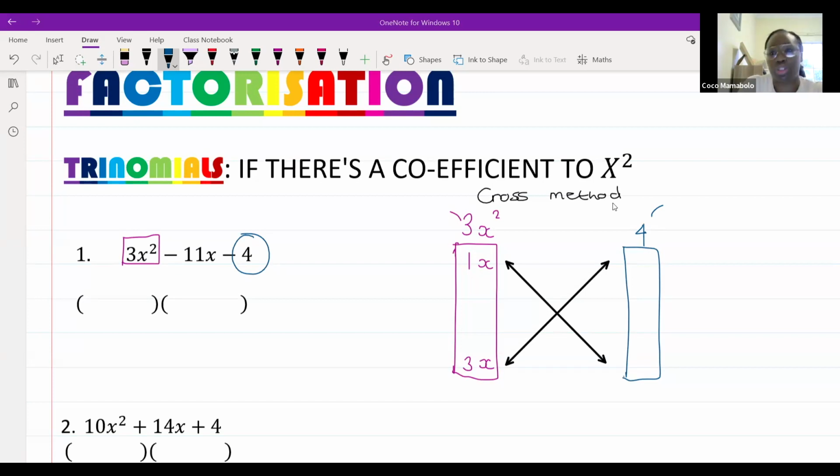Good. Omi says 2 and 2. I agree. 2 times 2. And Tyler, well done. That's it. Well done, Simulucho. Yes, that's it. 1 and 4. 1 times 4. Excellent. Now, the problem is, on this side, I have 2 sets of factors. I've got 2 times 2 and 1 times 4.